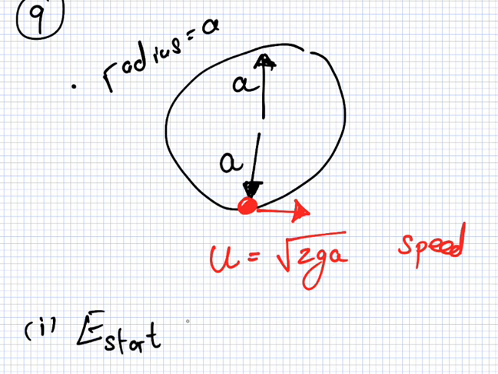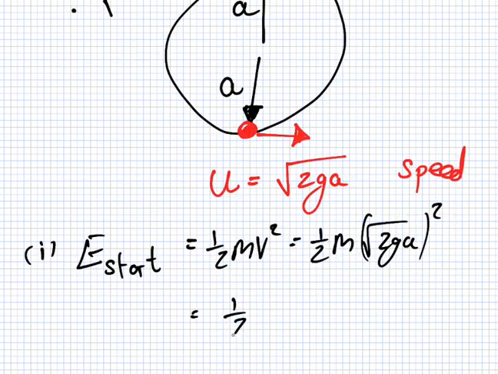Just kinetic, not potential. So that's a half mv squared, which is a half m times root 2ga squared. The 2 and the half are gone, which is m multiply g multiply a.